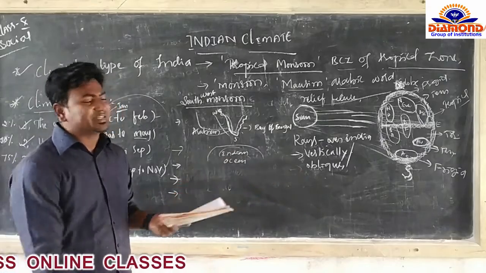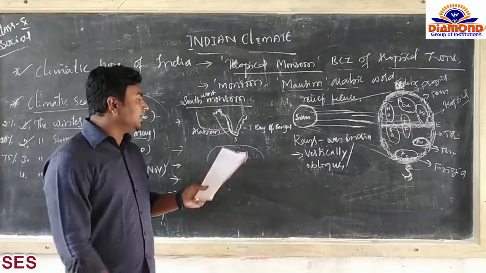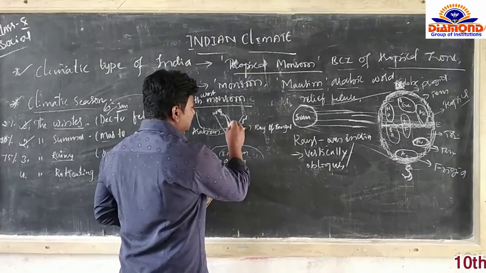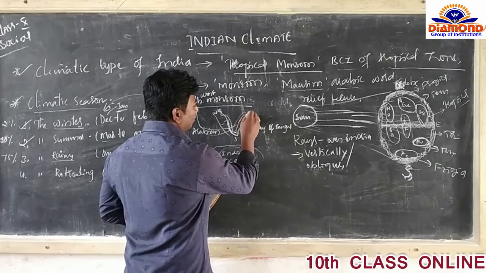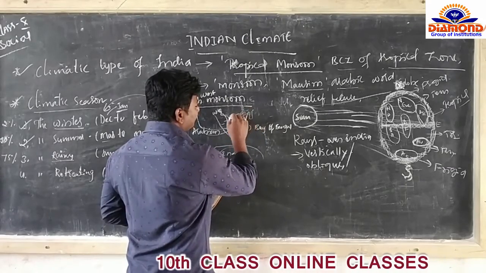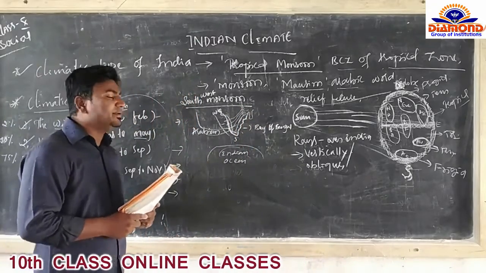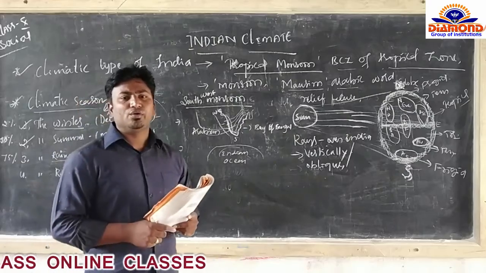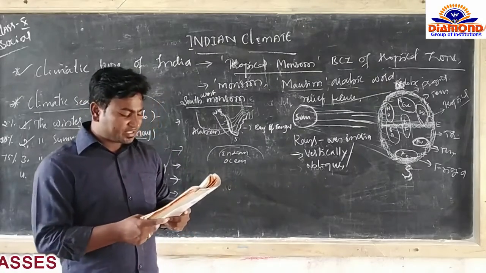Because of the Western Ghats, we are receiving high rainfall. When the rain goes towards the eastern part, sometimes it begins to change its course.